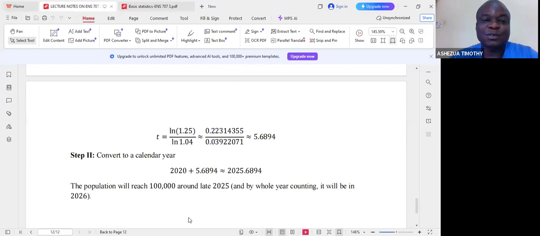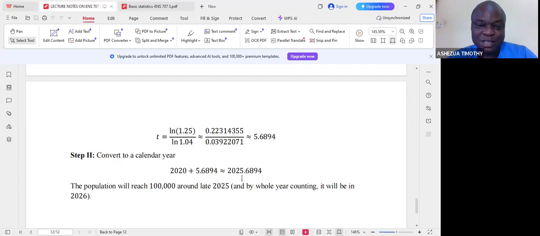Now, if you convert to a calendar year, remember that the last census was conducted in 2020. So you add these 5 years, you have 2025.6894. Now watch the way I've drafted my conclusion. The population will reach 100,000 around late 2025, and by whole year counting, it will be 2026.